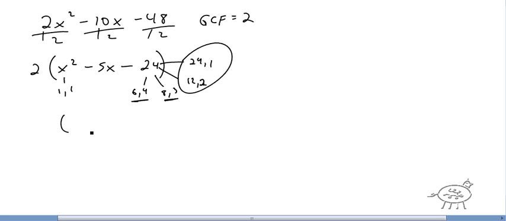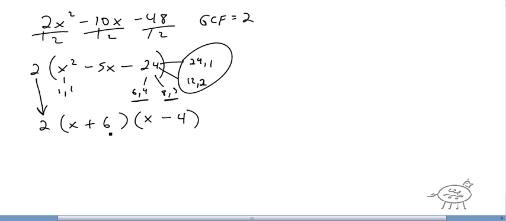So if I attempt to factor that, don't forget that 2. That 2 always stays on the outside. So I'm going to put x and x, because 1x and 1x. And then I'm going to do our signs, of course. That's important too. It's plus minus. And if I put 6 and 4, see if that one works.